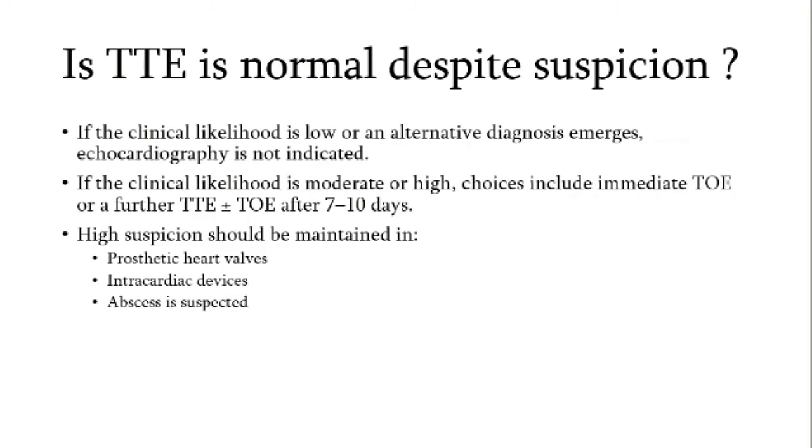We must keep the highest level of suspicion in specific individuals, like patients with prosthetic heart valves, intracardiac devices, when we suspect abscess, and in patients with a history of IV drug abuse.